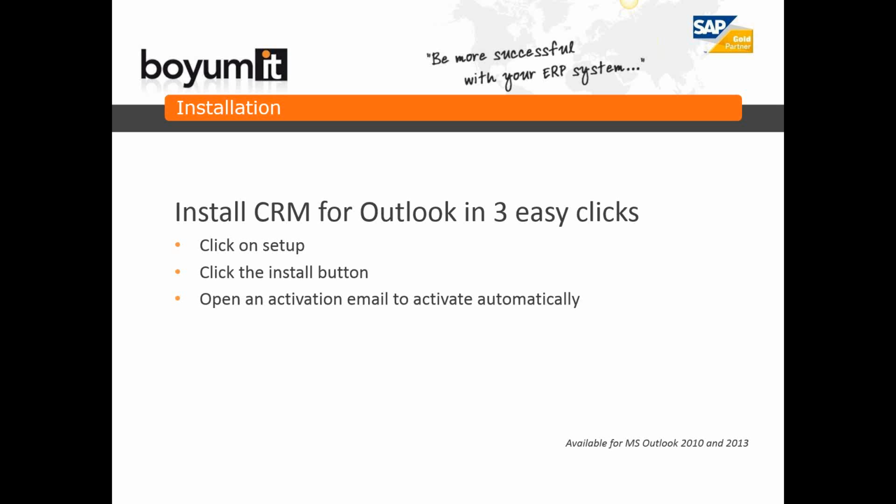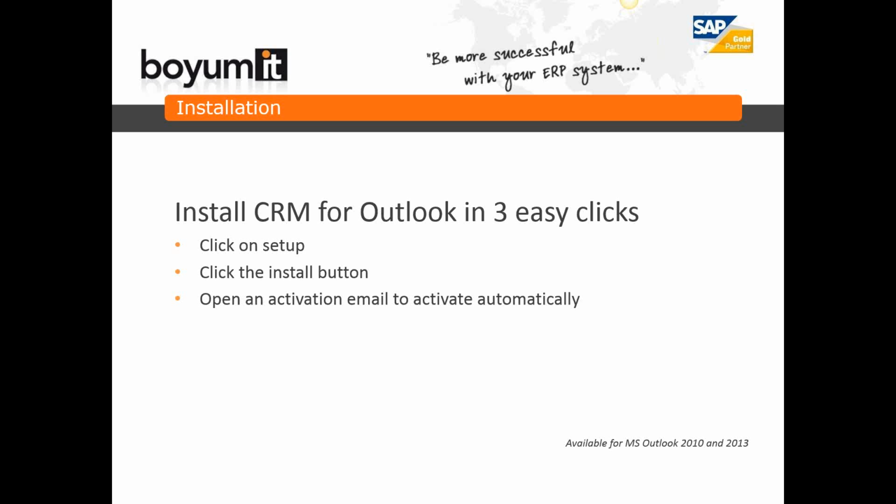Therefore, from a user perspective, the solution is very easy to install. There are only 3 steps that you need to go through to get this application up and running in your Outlook. And there you go. CRM for Outlook is connected to your SAP Business One databases and ready to use. You do not need to have SAP B1 installed on your local PC to run CRM for Outlook.